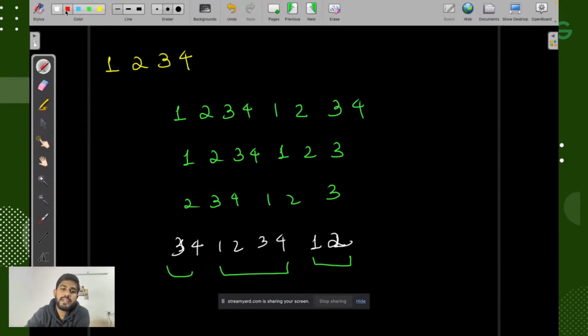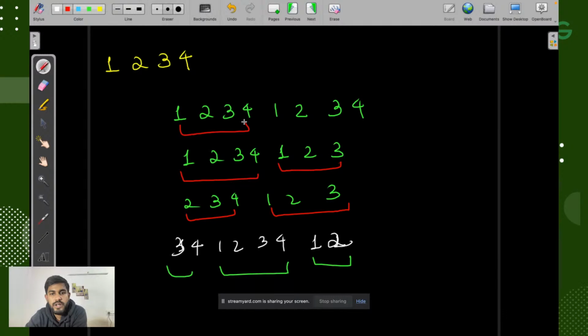Here we can see 2 3 4, and then 1 2 3. Here also 1 2 3, and 1 2 3 4. Okay, 1 2 3 4, 1 2 3 4.